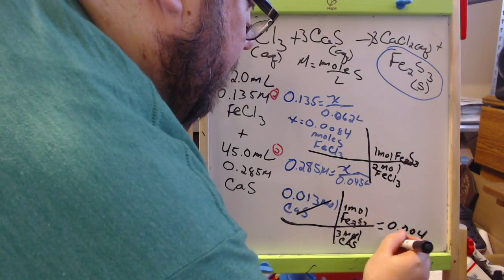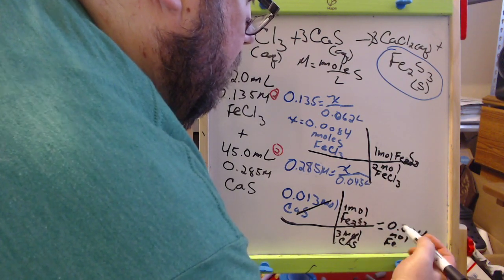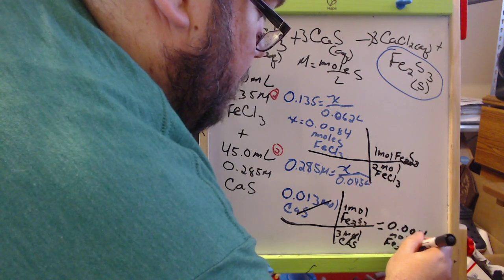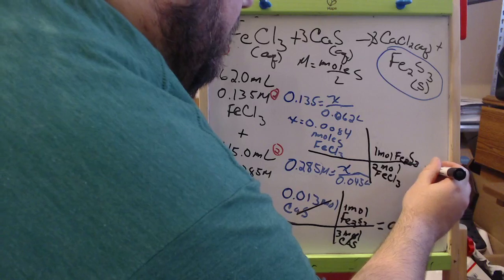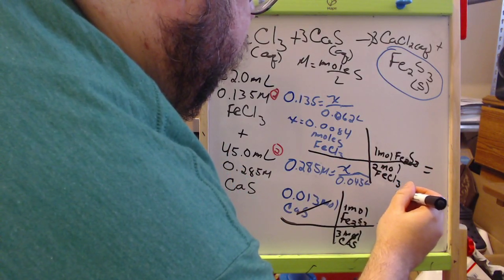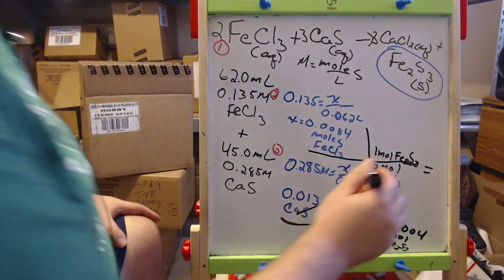Moles of Fe2S3. And this one up top, they're both going to be 0.004. How about that?